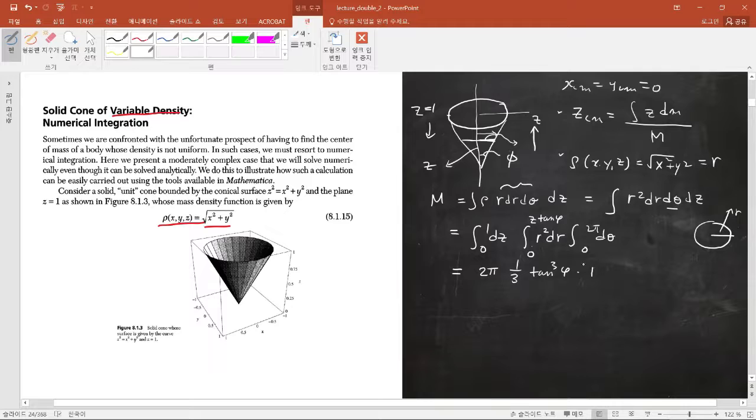So you have z cubed dz, and it gives you 1/4 here.